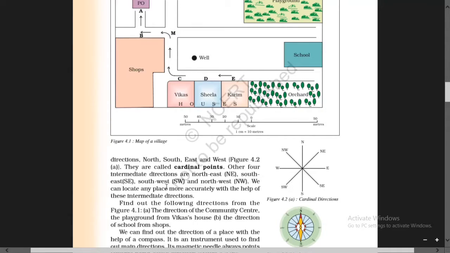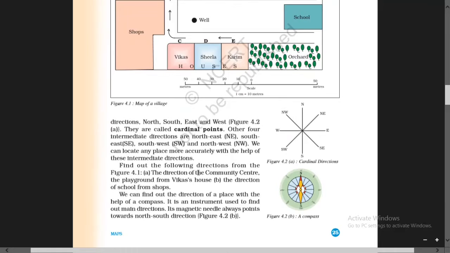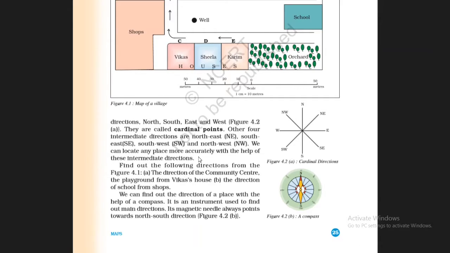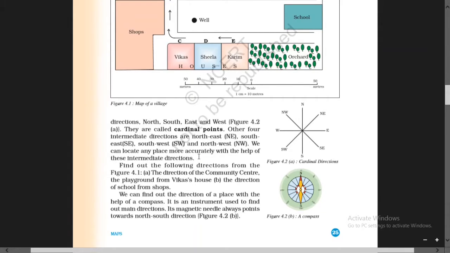We can locate any place more accurately with the help of these intermediate directions. Boys, we can indicate any place more correctly, more accurately, with the help of these intermediate directions.